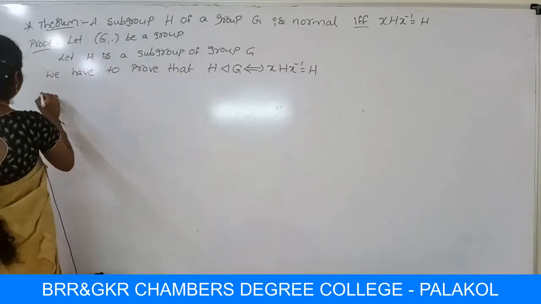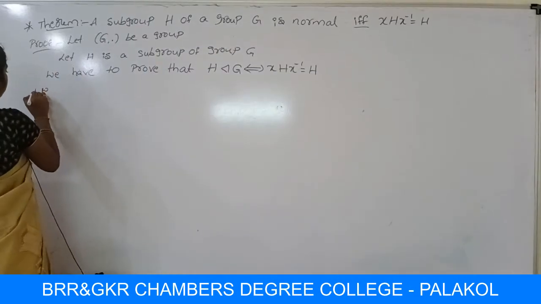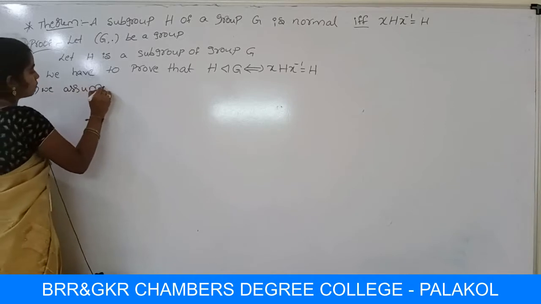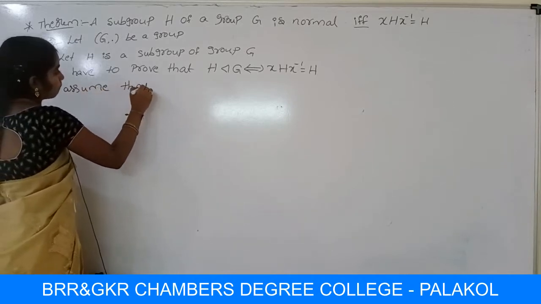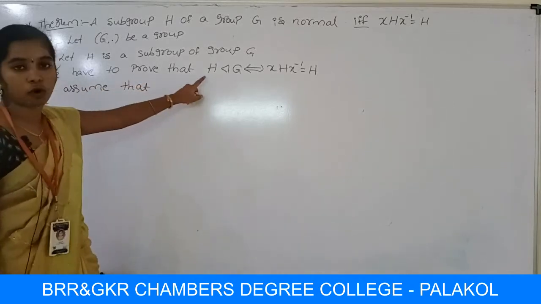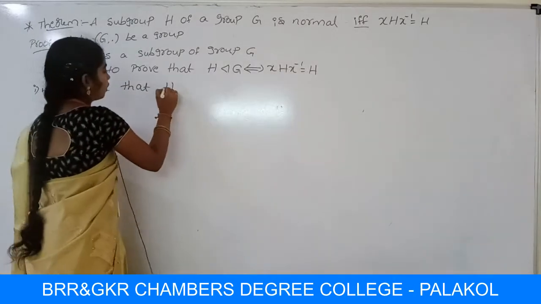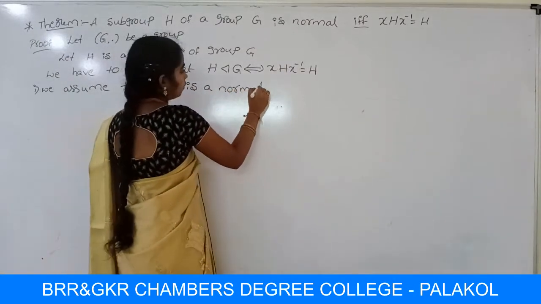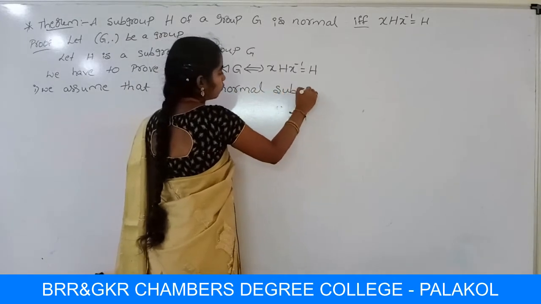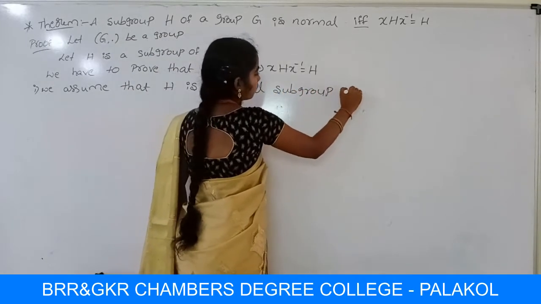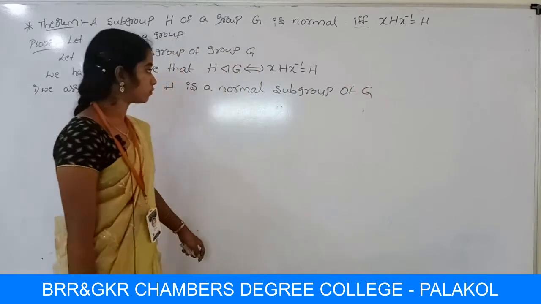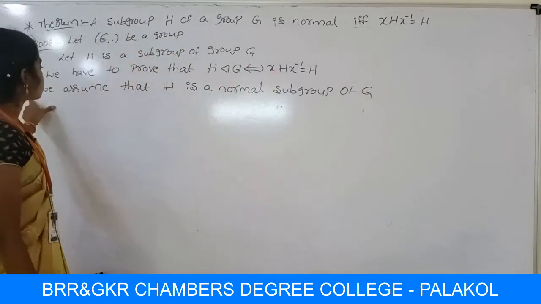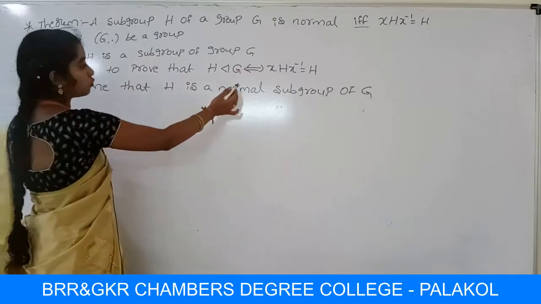So first part. We assume that H is a normal subgroup of Z. The theorem is in two parts.